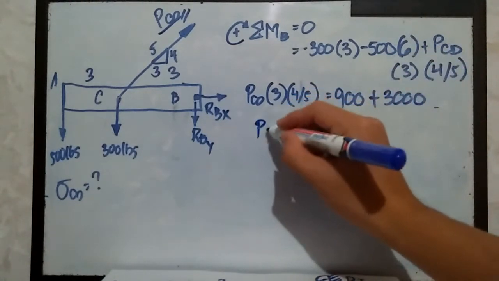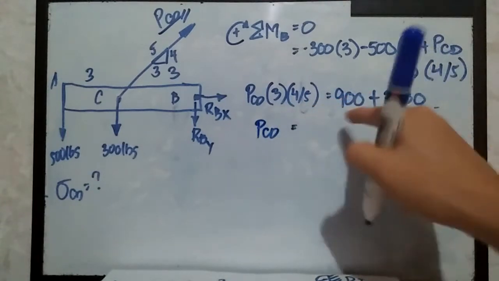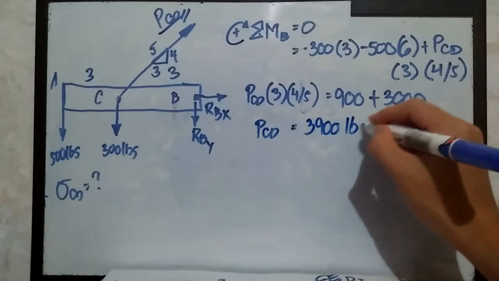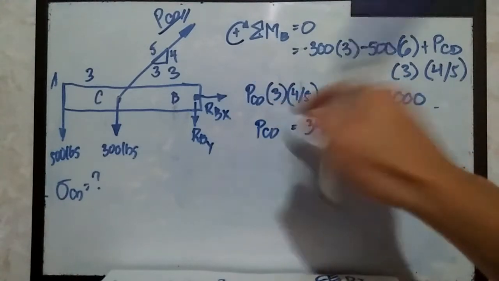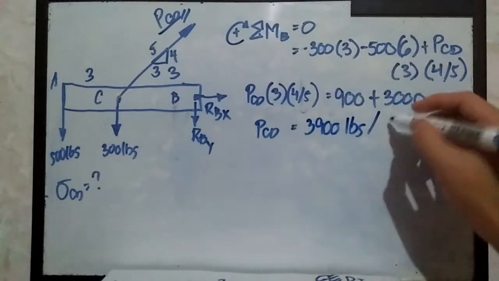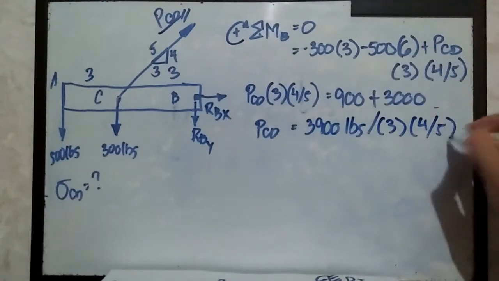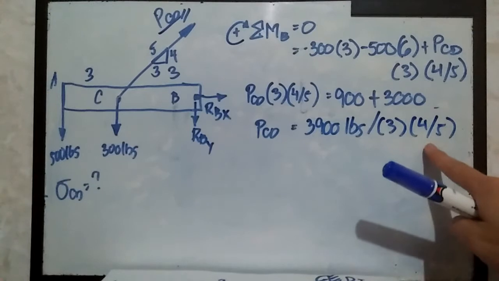Simplifying, P sub CD is equal to 3,900 pounds divided by 4 over 5, or you can get the reciprocal of this one, which is 5 over 4.